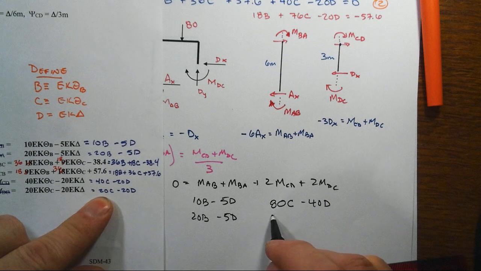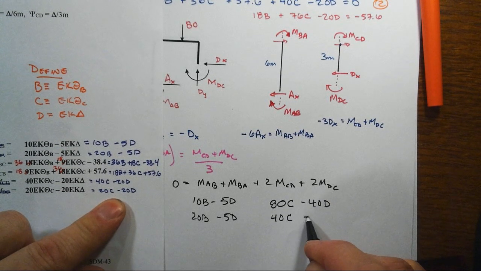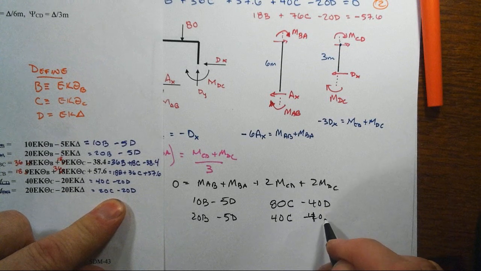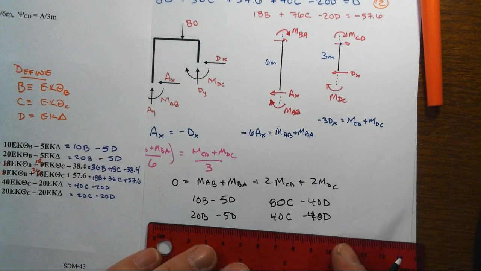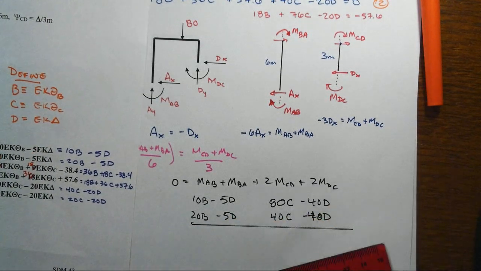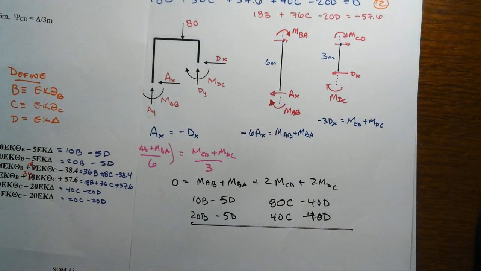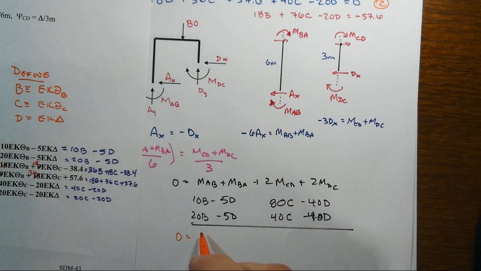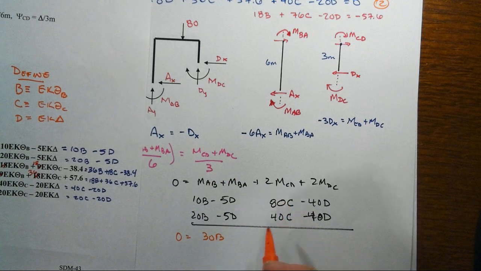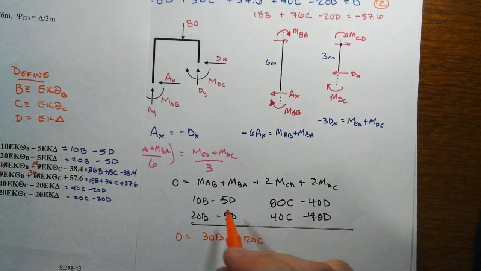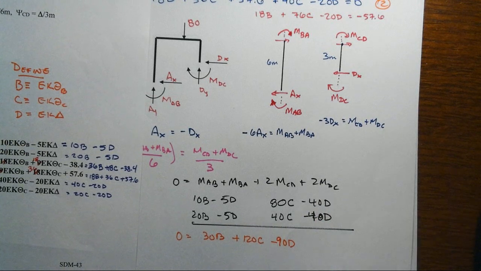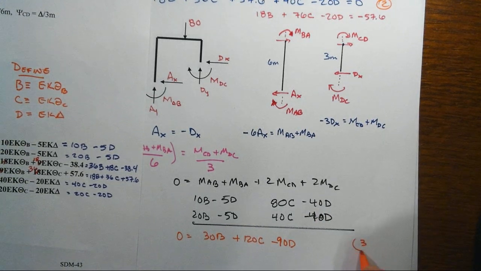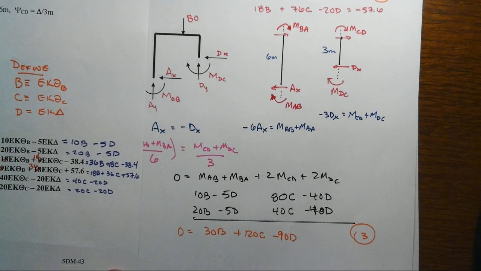And then the second one here is going to be a 40C minus a 40D. Right? Add all those up, and we'll have that 0 is equal to 30B plus 120C minus 90D for our total, for our third equation of equilibrium that we'll use in the next step.